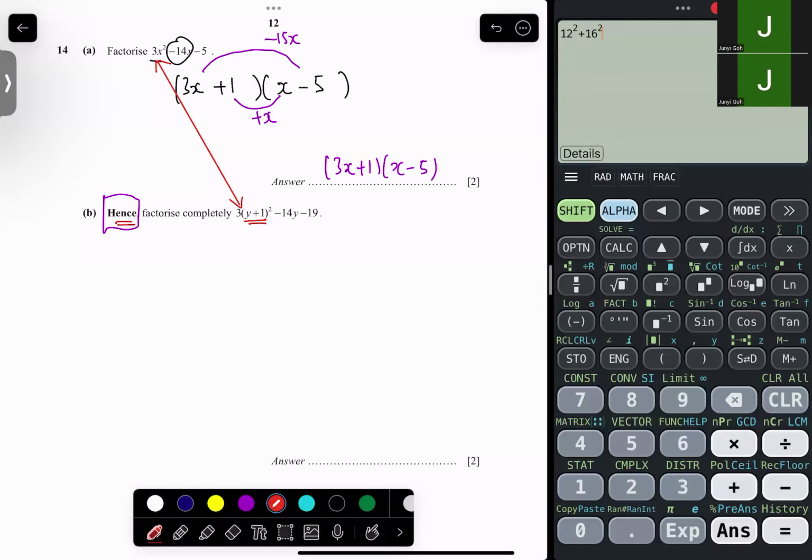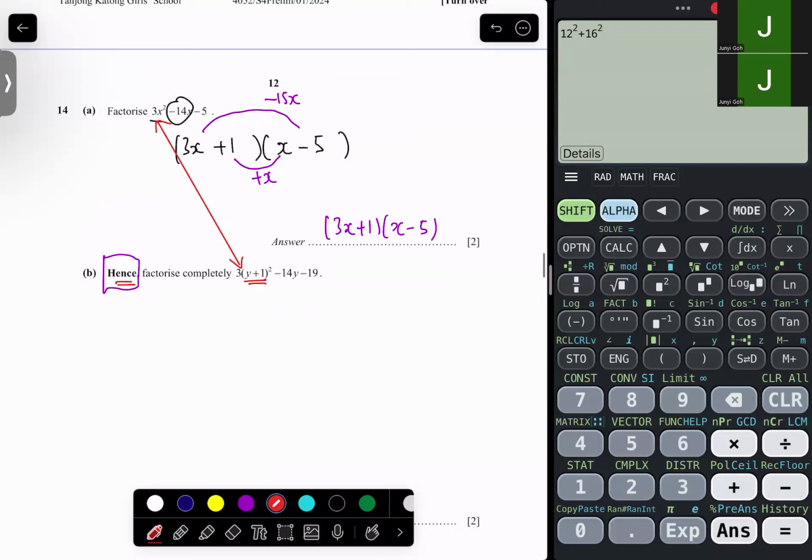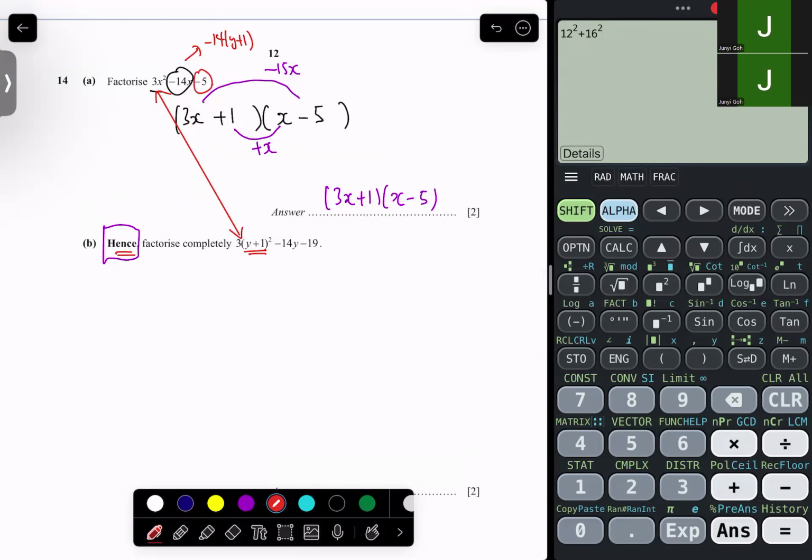They need the x to be equal to y plus 1. So if x equals y plus 1, then negative 14x will be negative 14 times (y plus 1). What is going to happen down here is that I need this to be negative 5 as well. So that is the double hit.